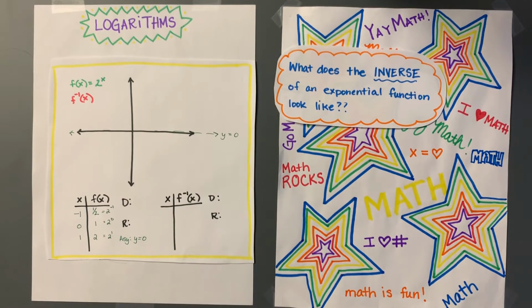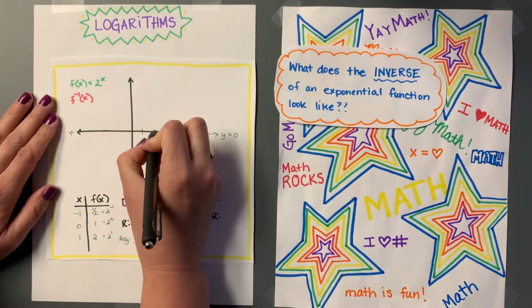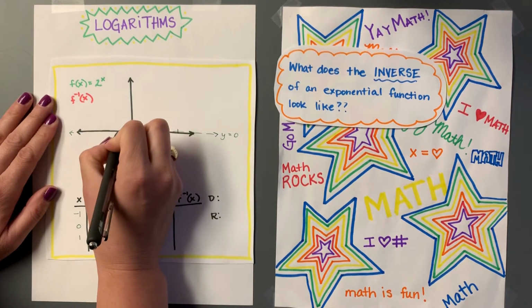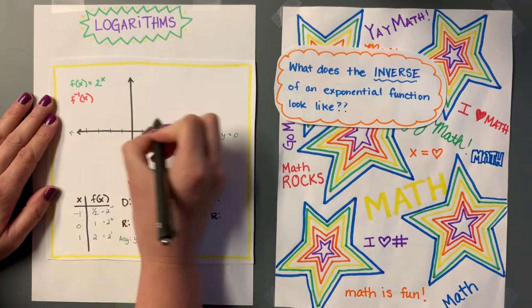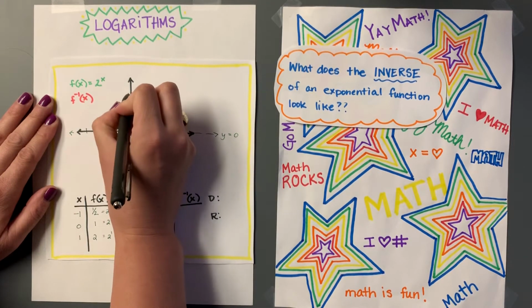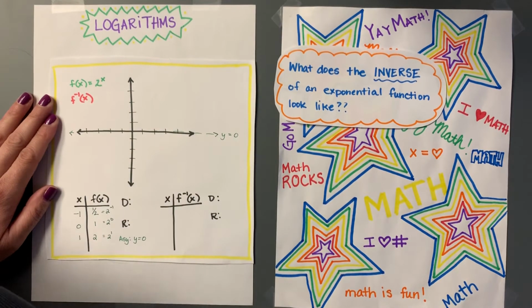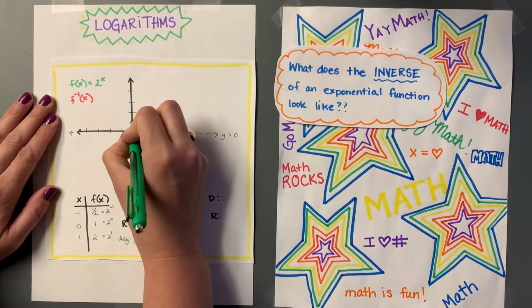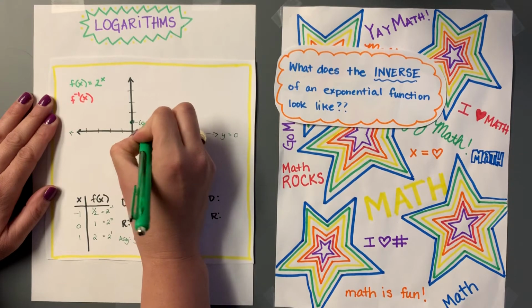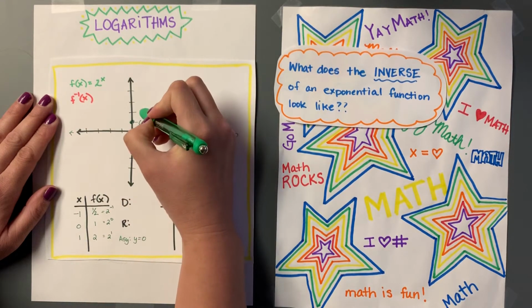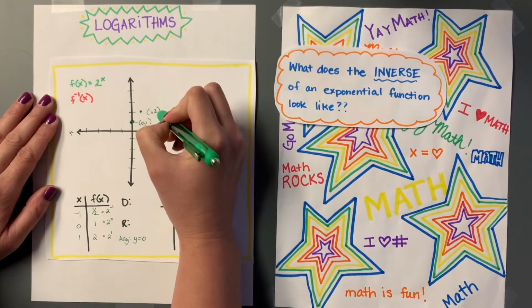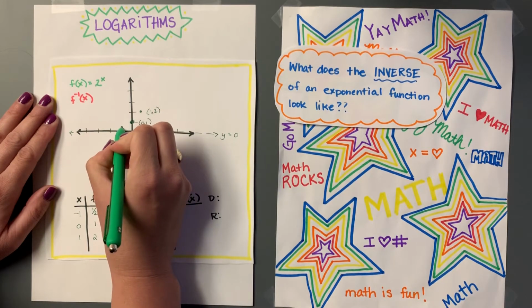So I'm going to go ahead and put a few points on the graph. Now that I have that, I've got the point (0, 1). I have the point (1, 2). And I have the point (-1, 1/2).